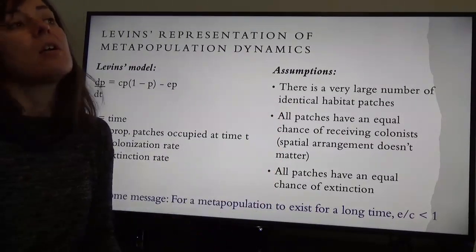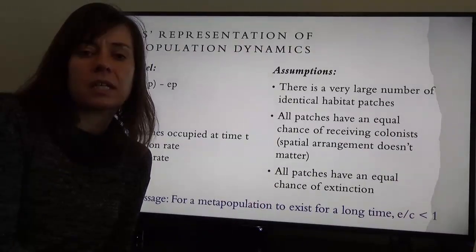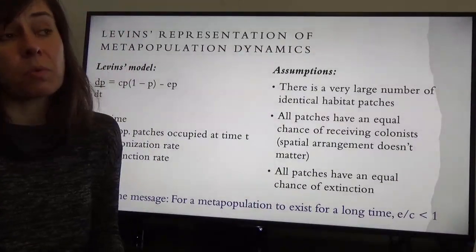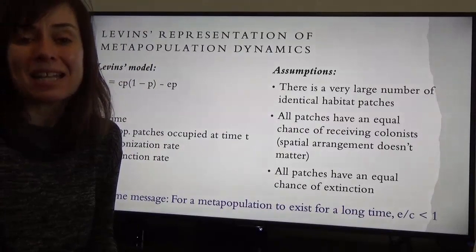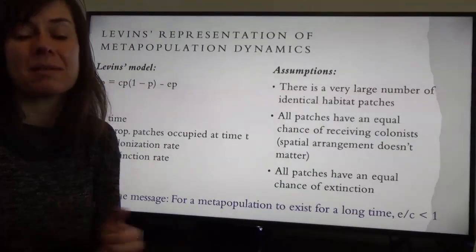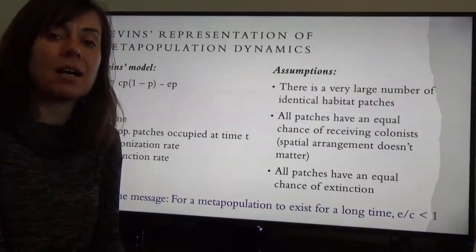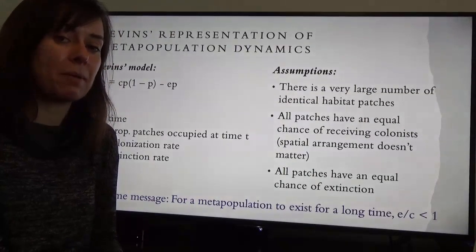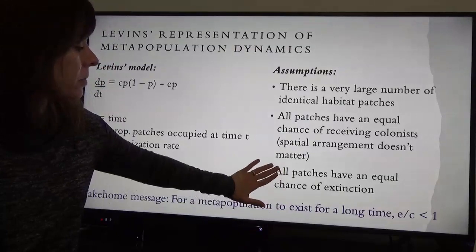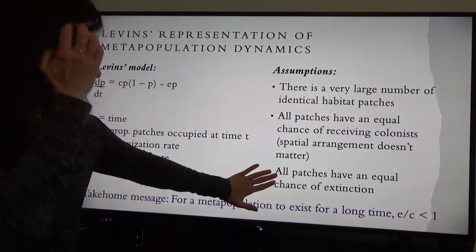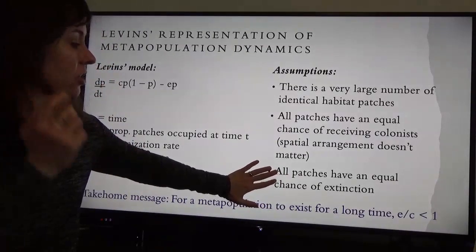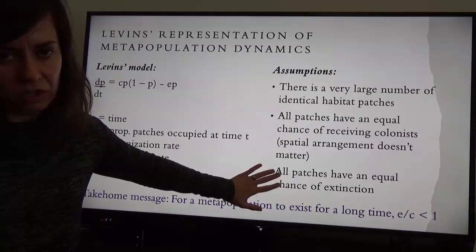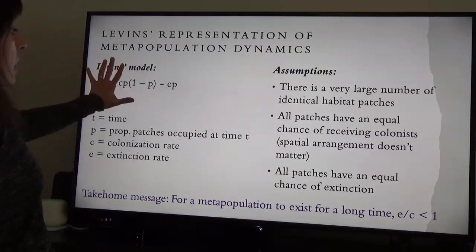And again, when we think about those ideas of source-sink that we just talked about, or what we know about habitats in the landscape, for example what we just heard about the Seychelles warbler example, of course different patches of habitat are not equal. This often is not the case. So in many cases, our patches do not have an equal chance of extinction. But these are the assumptions that go into this particular model.